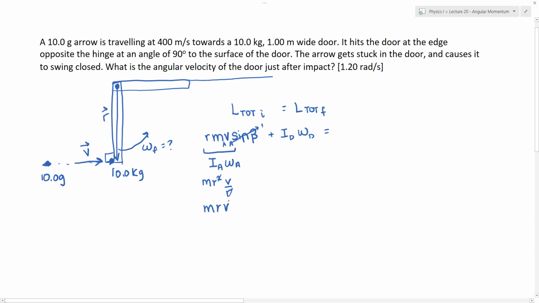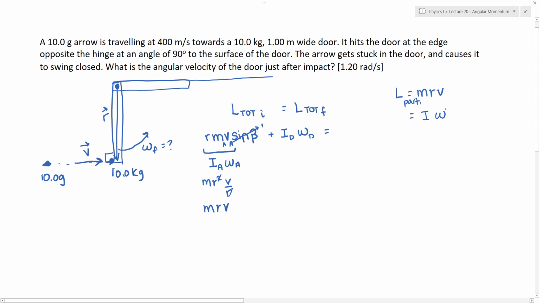m r v or r m v. As long as the angle between the r vector and the v vector is 90 degrees, then the moment of inertia of a particle is m r squared, and your angular momentum is just going to be the same thing. You can think of it as angular momentum is equal to m r v for a particle, or you could say it's equal to I times omega.